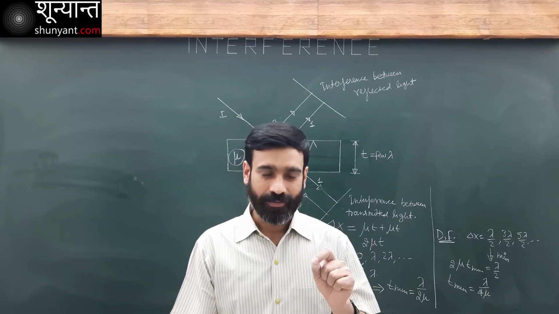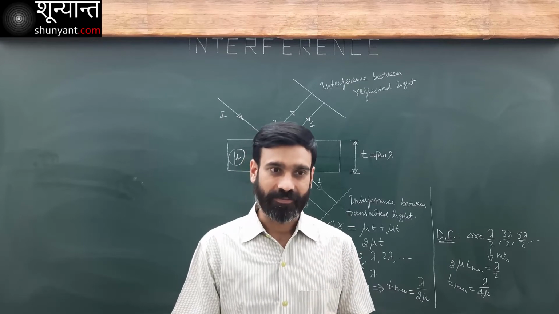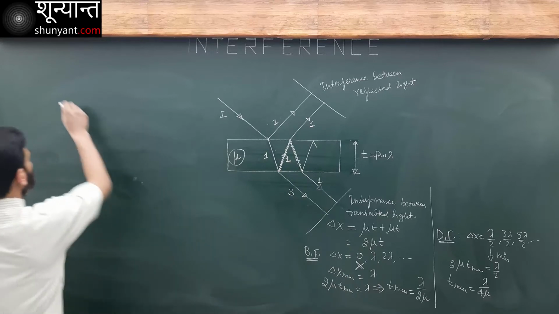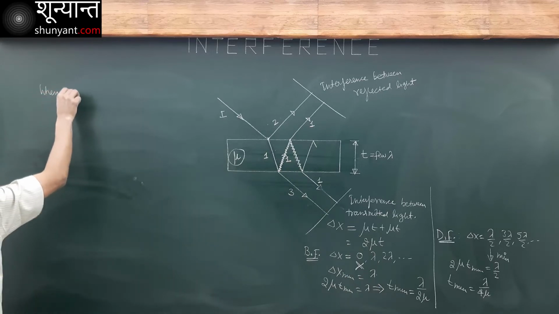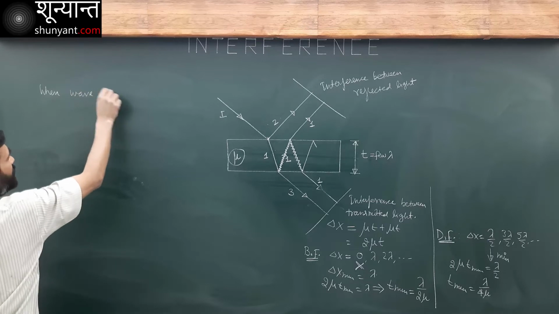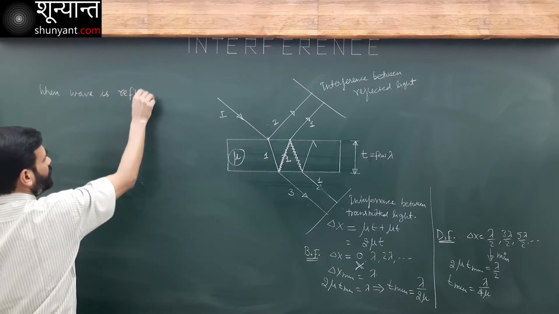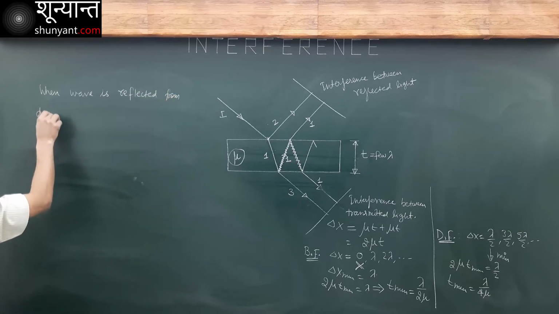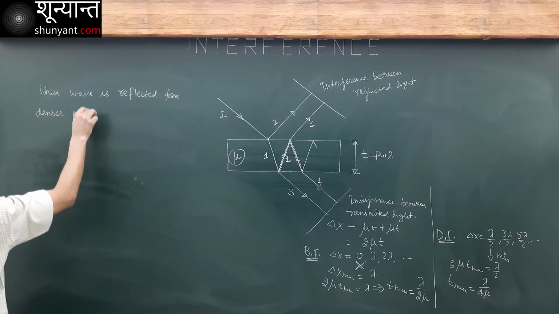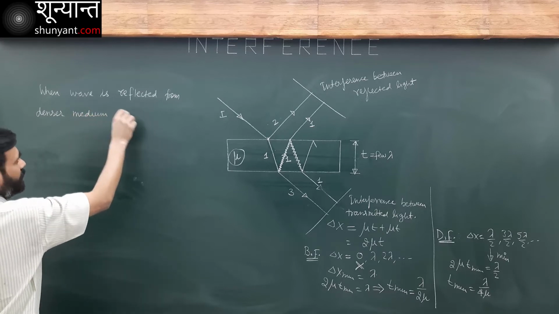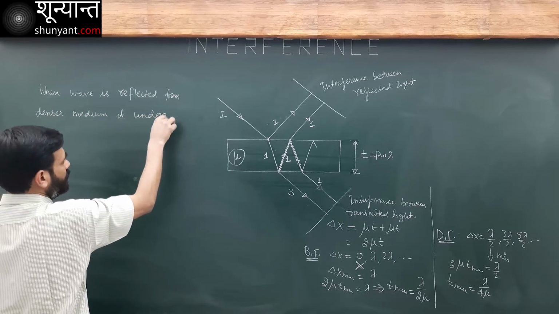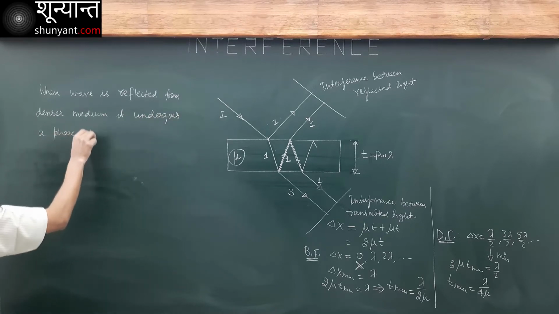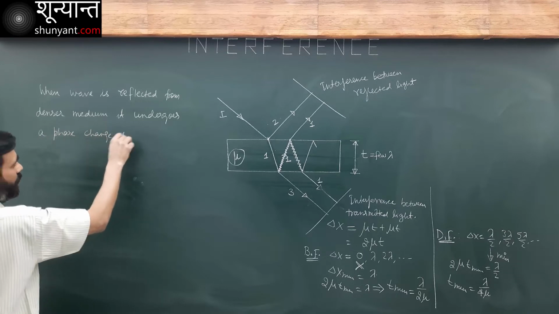When a wave is reflected from a denser medium, it undergoes a phase change of pi.